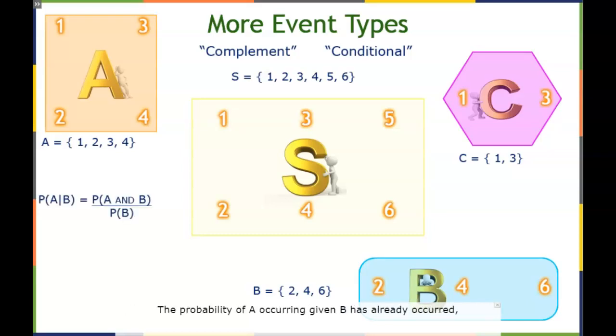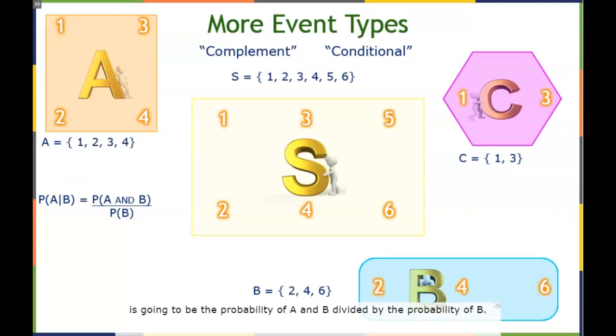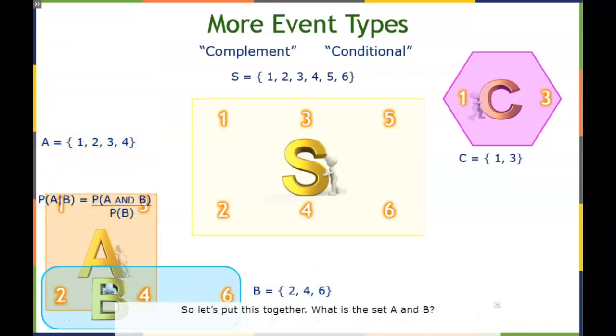The probability of A occurring given B has already occurred is going to be the probability of A and B divided by the probability of B. Now, the probability of B can't be 0 because we don't want to be dividing by 0. We just want to be aware of that. So let's put this together. What is the set A and B? Well, that's the set 2, 4.